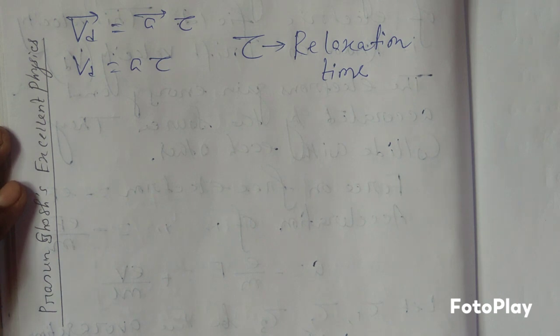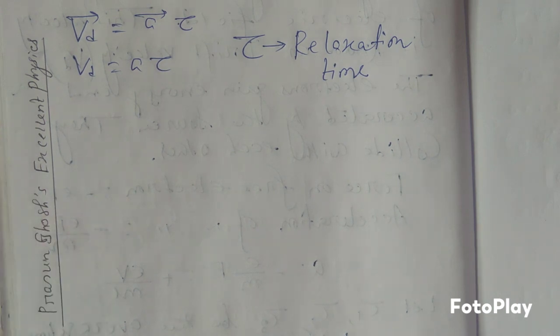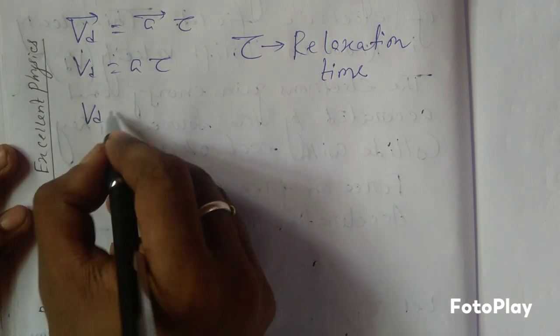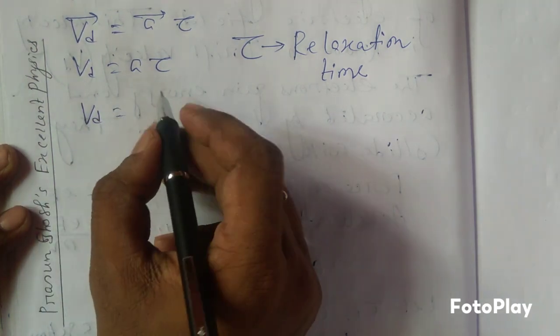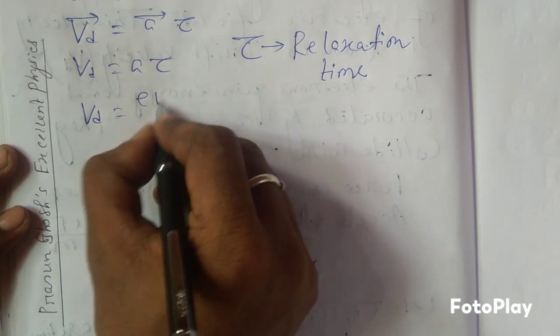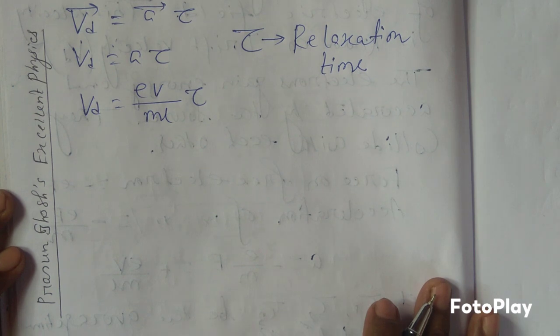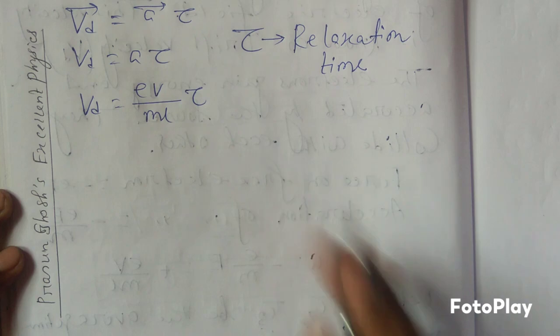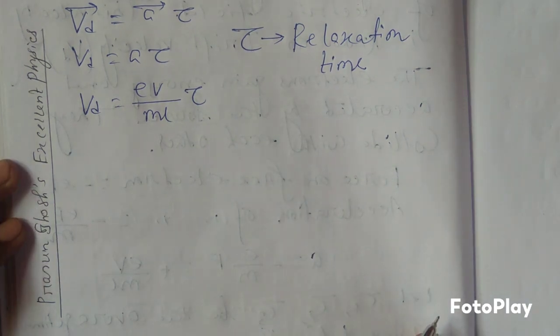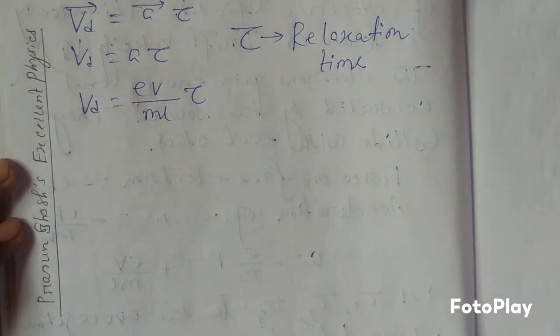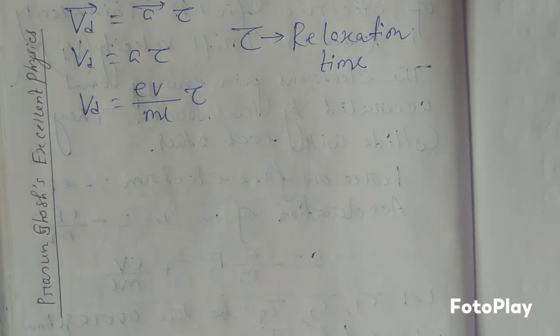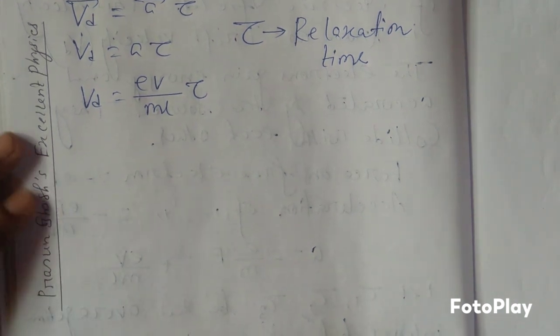Now we know that Vd is equal to, putting the value of A from the previous equation, that is EV by ml, into tau. So this is the value of Vd, and so we have learned what drift velocity is.